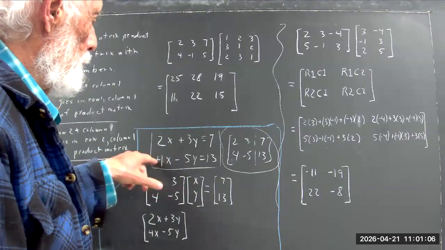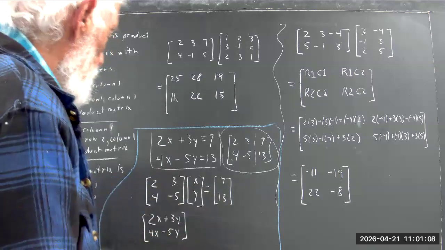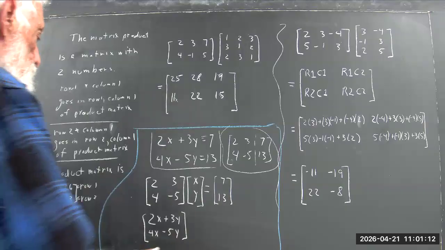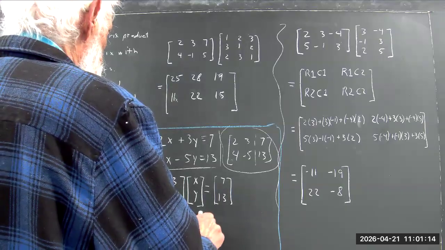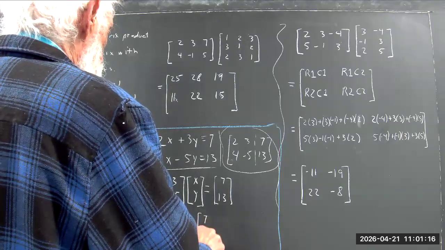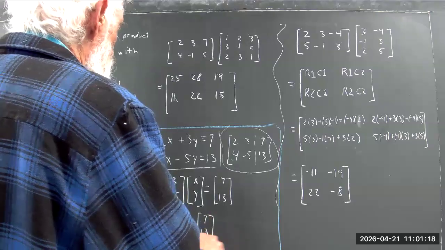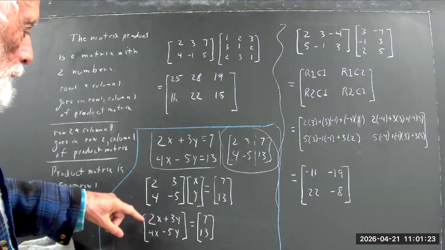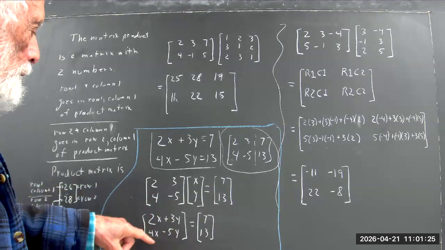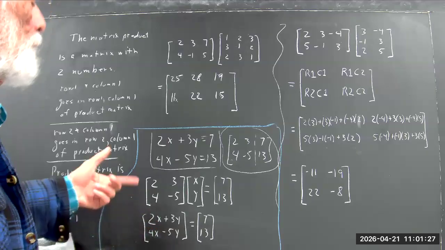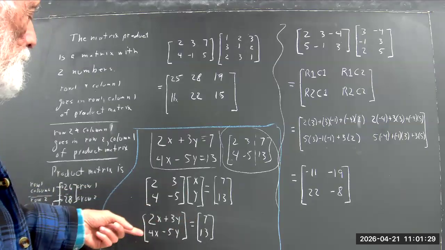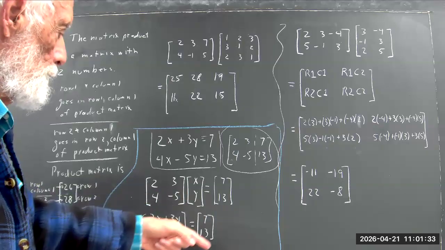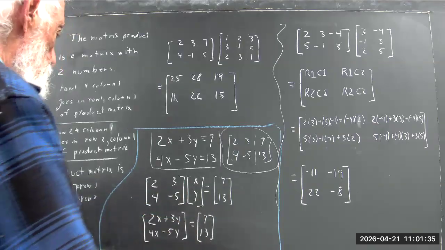And then we put the 13 for similar reasons, the right-hand side of the second equation. And now we have the matrix product, 2x plus 3y for first row, 4x minus 5y for second row, equals column, first row 7, second row 13.